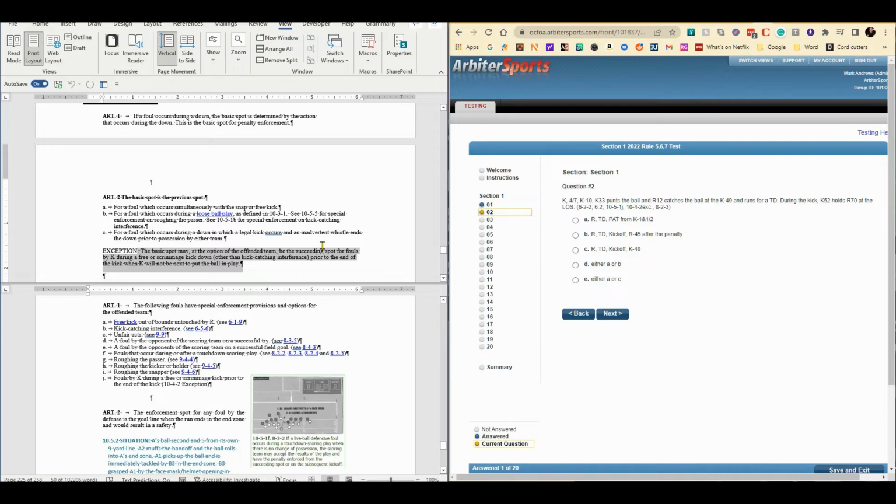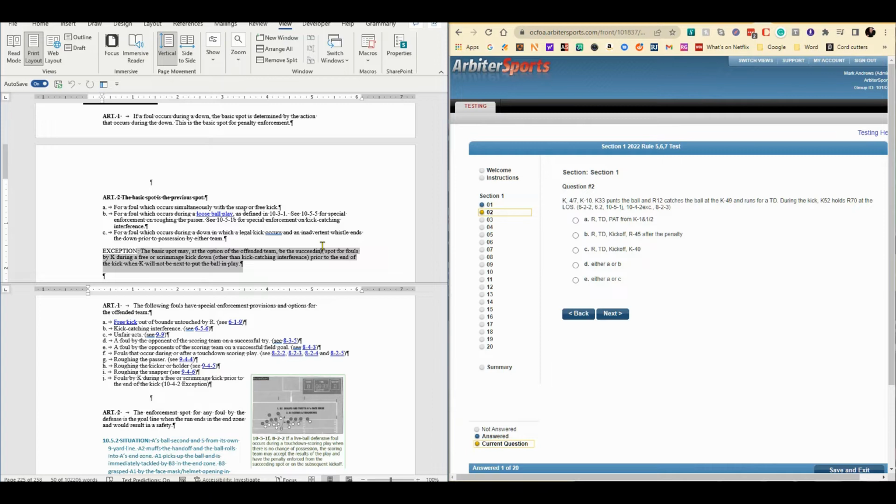So basically, it's saying if R retains the ball, then they can tack the foul on. Now, normally, that would be somewhere in the field of play, but since he scored a touchdown, it's going to be the try, and they're not going to have the option to take it on the kickoff.